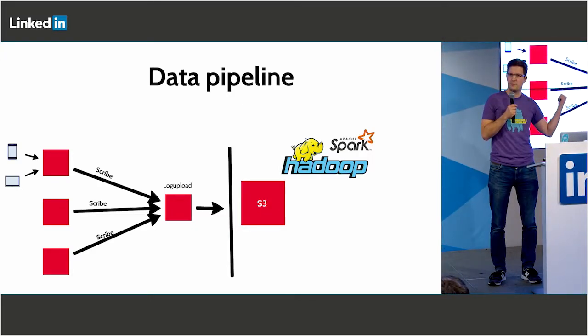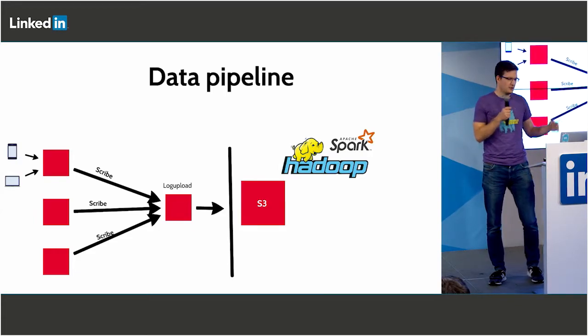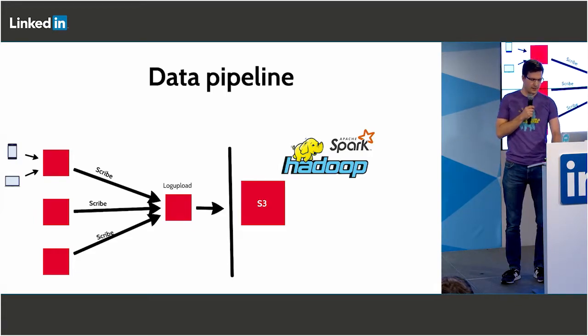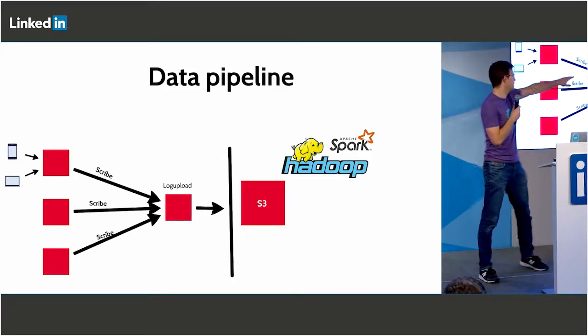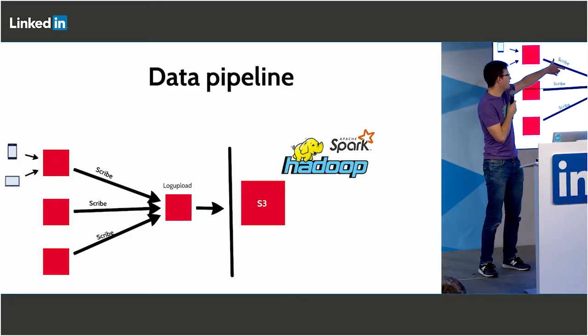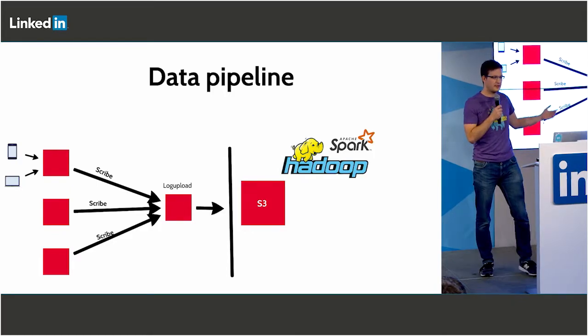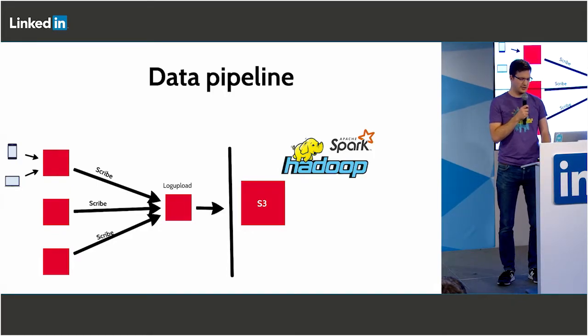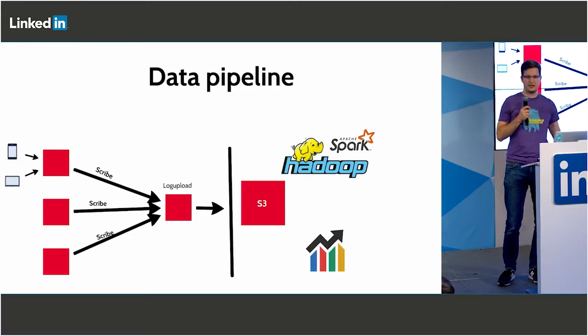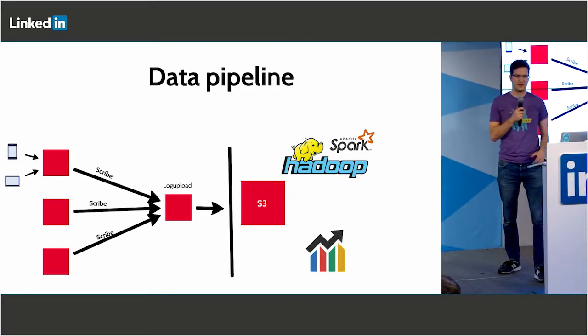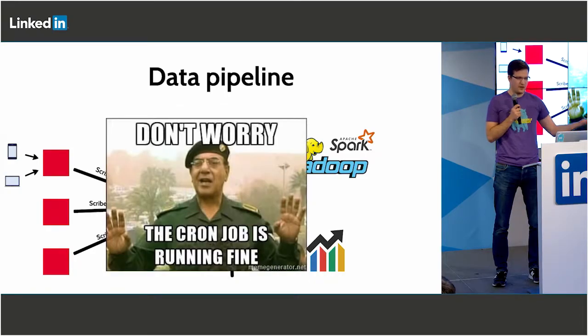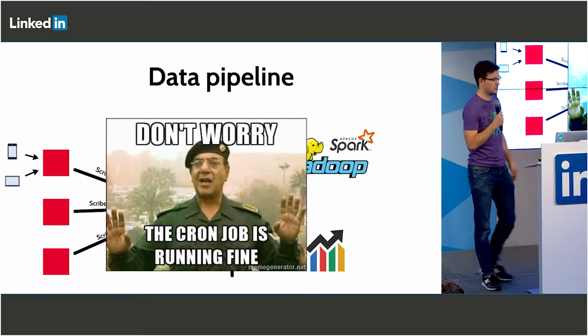But EMR can use S3 as a file system, so if you have data there, you can crunch your data. And another benefit is that if you want to run a huge backfill, you can just start up a new EMR cluster in parallel, and that will be able to access S3 as well. And we created nice charts, so we are done. As you can see, don't worry, the cron job is running fine.